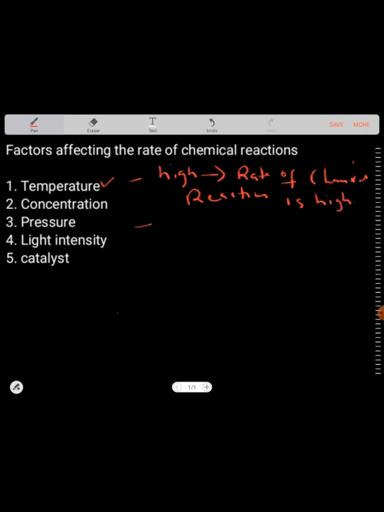Why? Because when the temperature is high, the particles have more kinetic energy. Since they have more kinetic energy, they collide frequently.